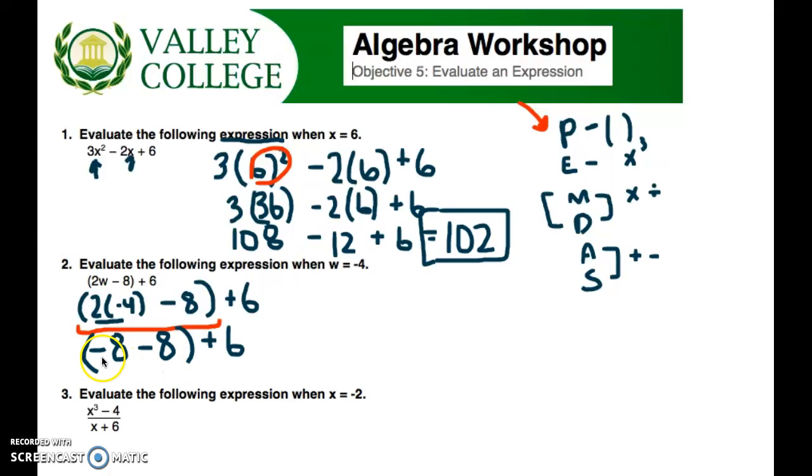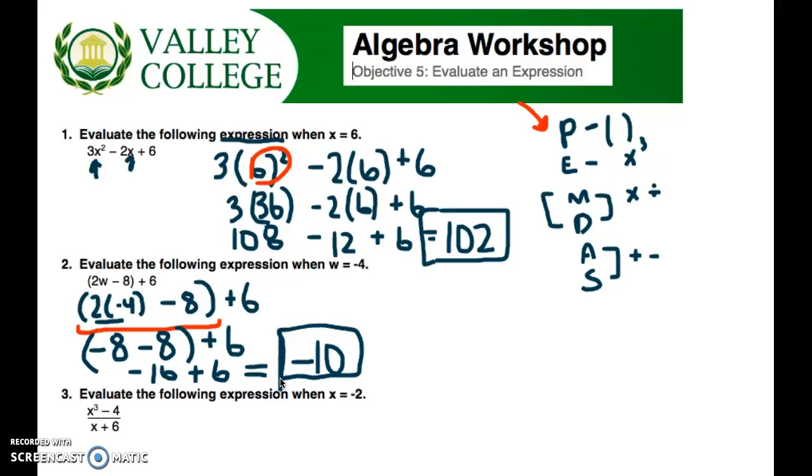I have a negative 8 and I'm going to go back another 8, so I end up at negative 16. And that's taking care of my parentheses. Now I can jump outside and I can add 6. So if I'm in the hole $16 and somebody gives me $6, I'm still in the hole, but I'm at negative 10. Okay, so my final answer here is negative 10.